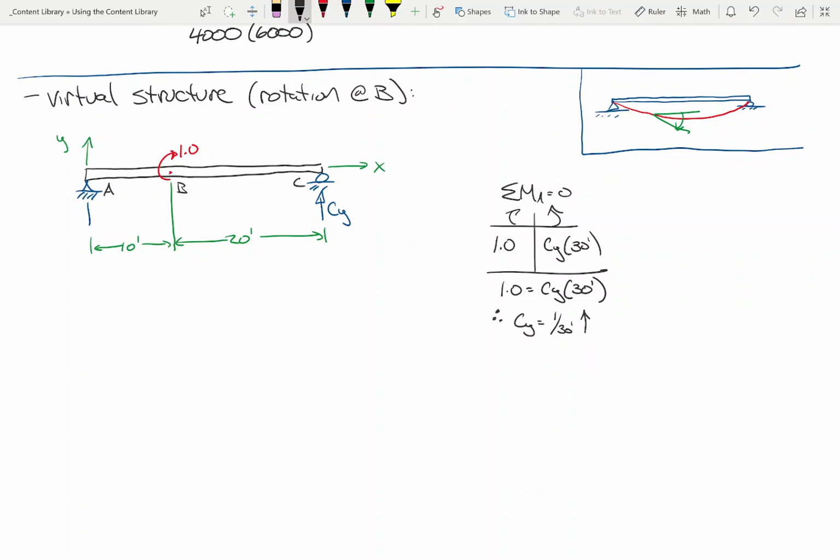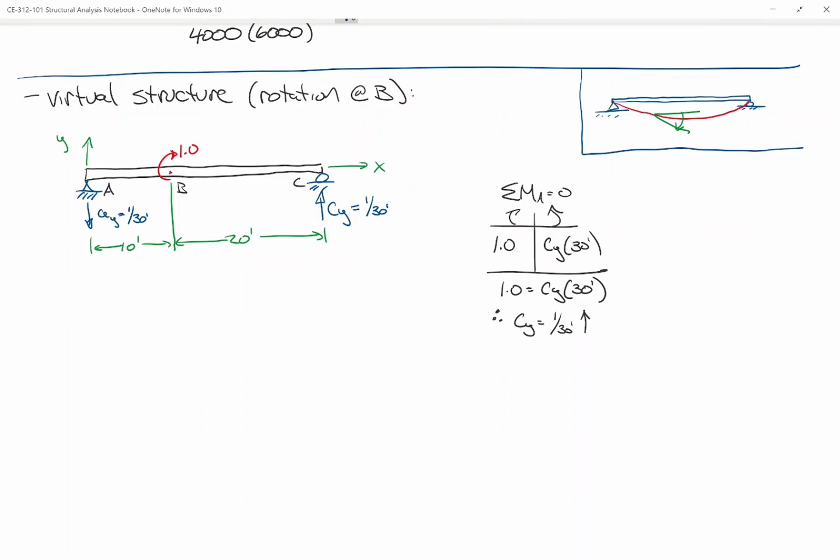Okay? So by the way, if CY is 1 over 30 going up, what is AY? 1 over 30 down, right? Okay. We're not going to finish this problem all the way, but that's actually kind of on purpose because I want to give you maybe a little bit of practice on your own.